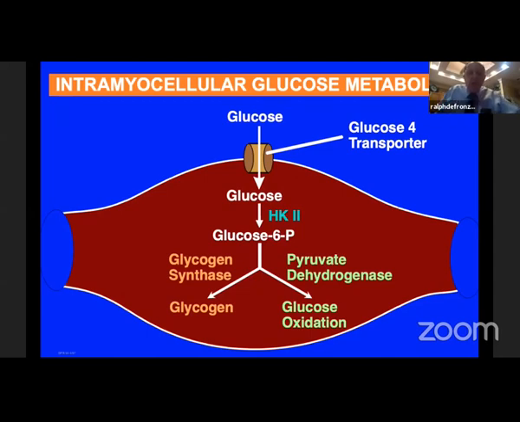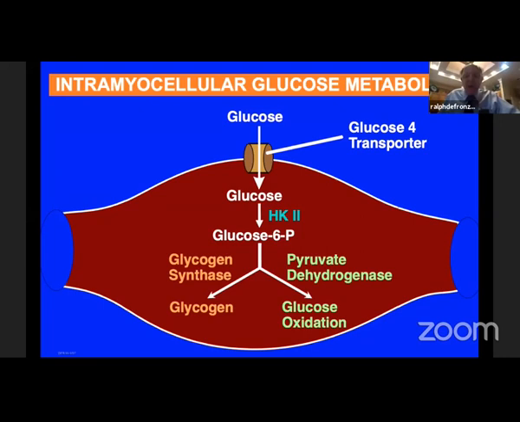In order for glucose to get into the cell, insulin, of course, has to stimulate the GLUT4 transporter. Glucose gets into the cell, needs to be phosphorylated by hexokinase 2. And then there are two major pathways to which the glucose is going to go. To the left is the glycogen synthetic pathway, and about 2/3 of the glucose goes into glycogen.